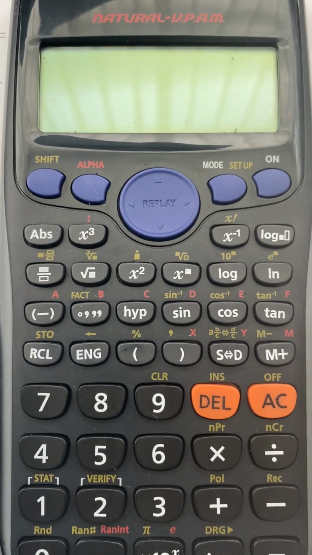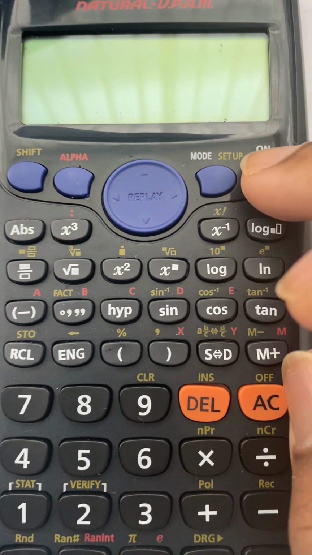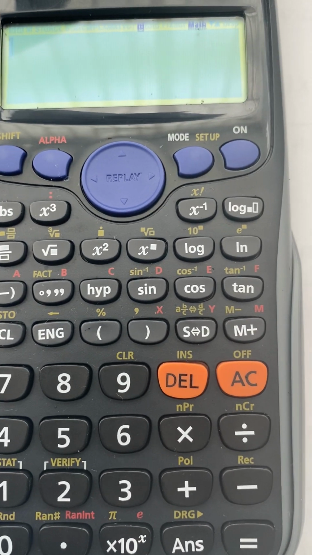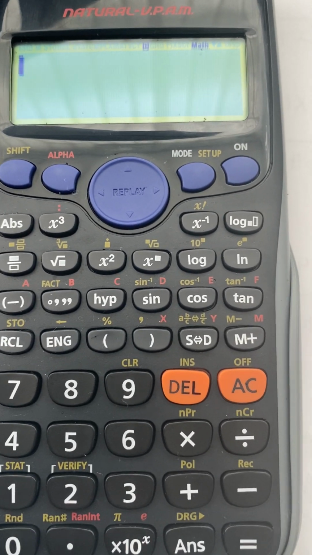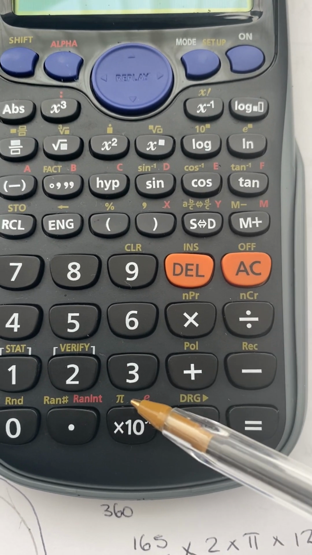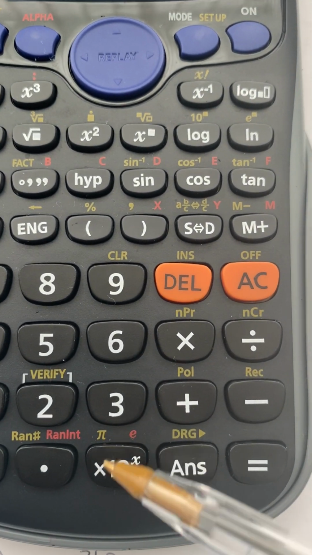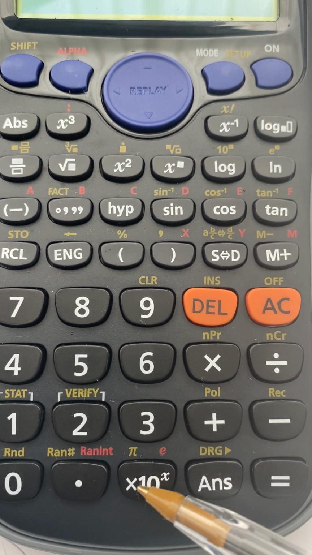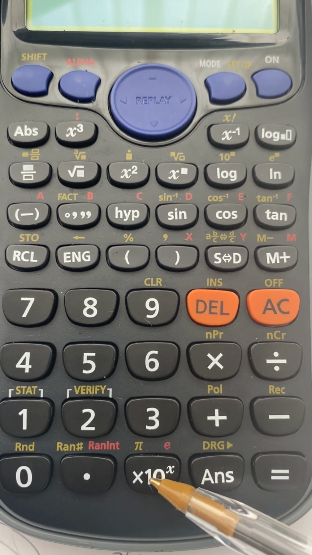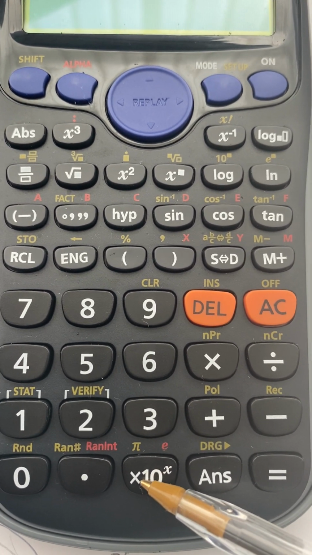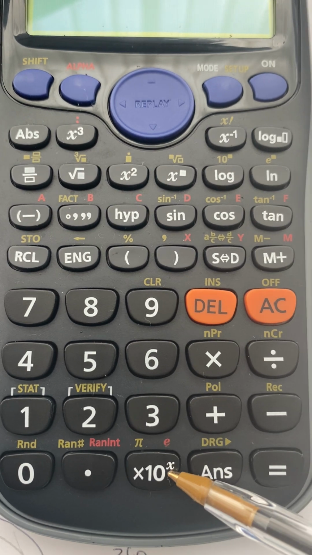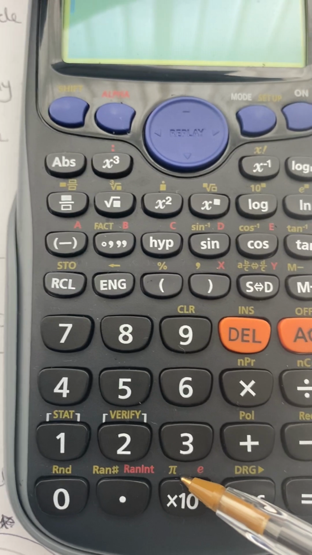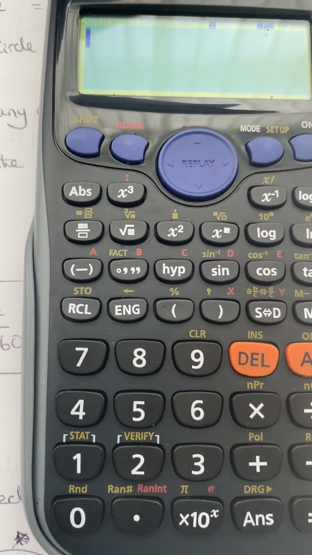Pi is somewhere here, but it's not on top of the key that is given. If you press this key, it will give you times 10 to the power x, but you want pi.